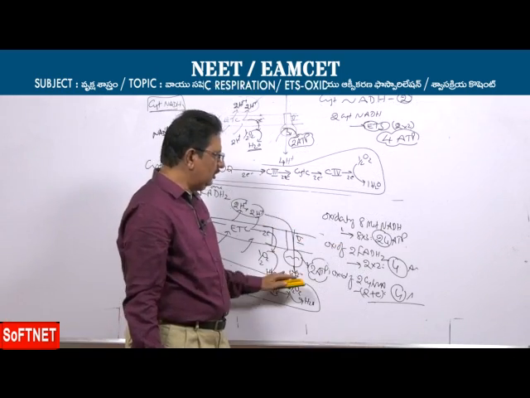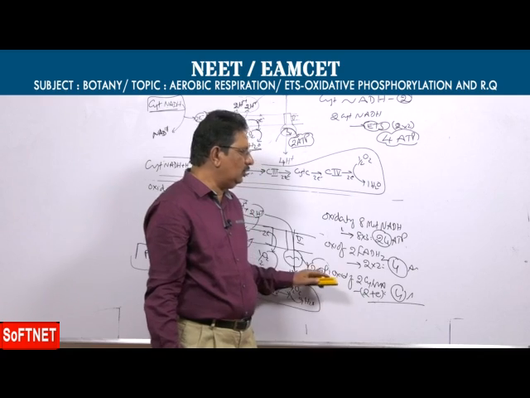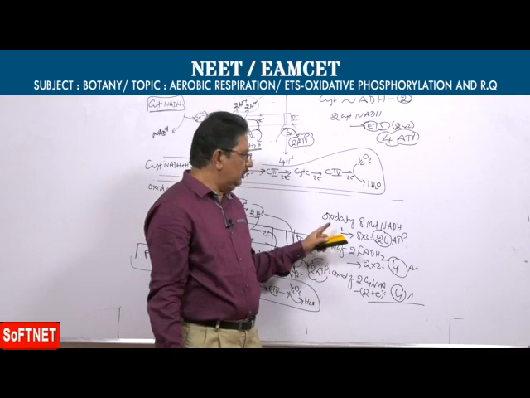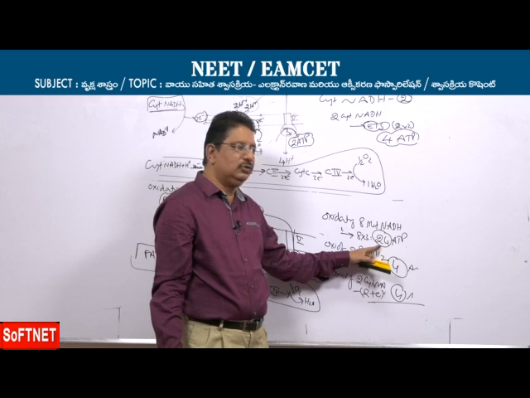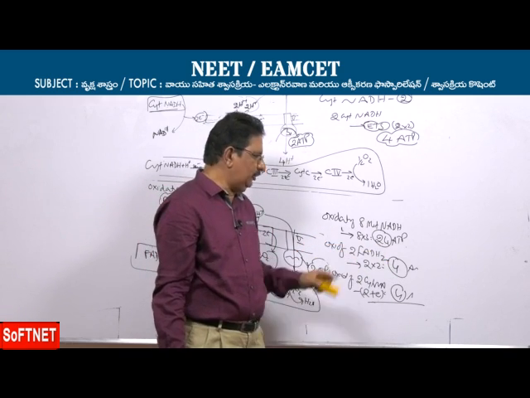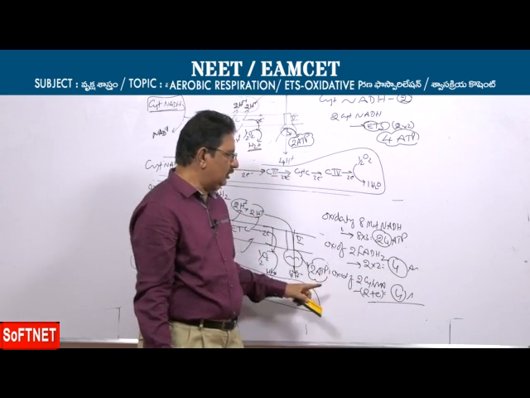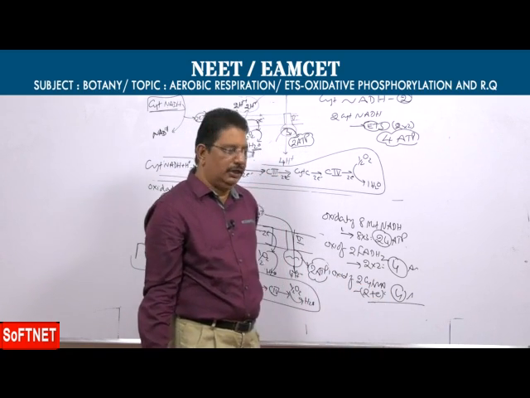After seeing all these things, the total ATP generated through oxidative phosphorylation comes like this. Oxidation of 8 mitochondrial NADH yields 24, right? And oxidation of 2 FADH2s yields 4, and oxidation of 2 cytosol NADH also yields 4 ATP.